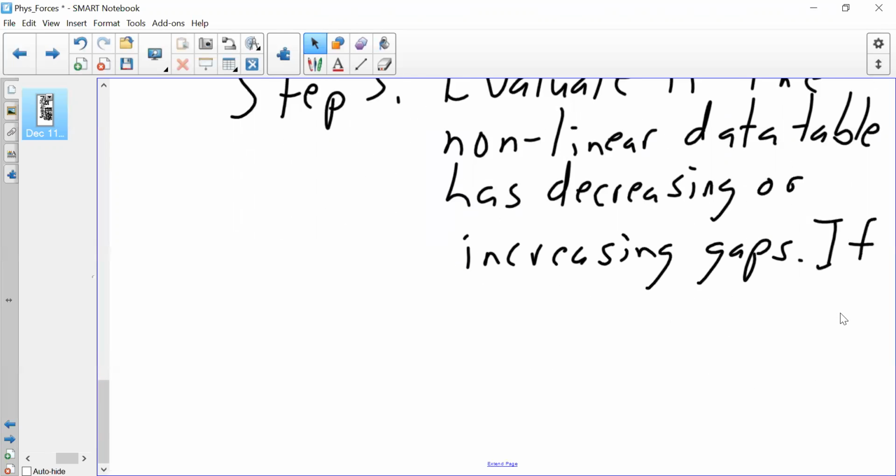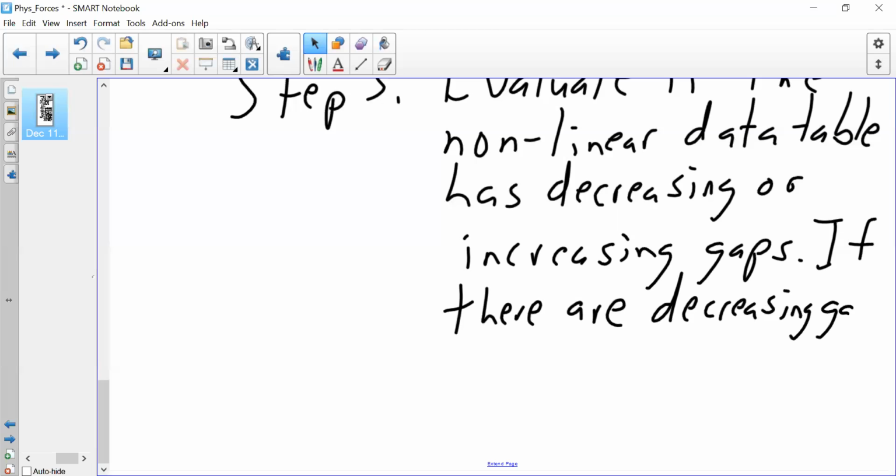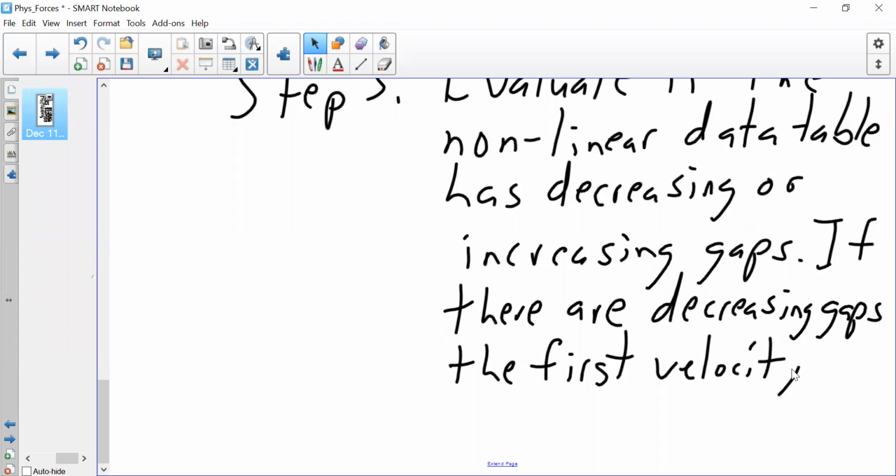So if there are decreasing gaps, as we see here, the first velocity that you calculate, and this goes back to last time when we were calculating those velocities based on if the gaps were increasing or decreasing.